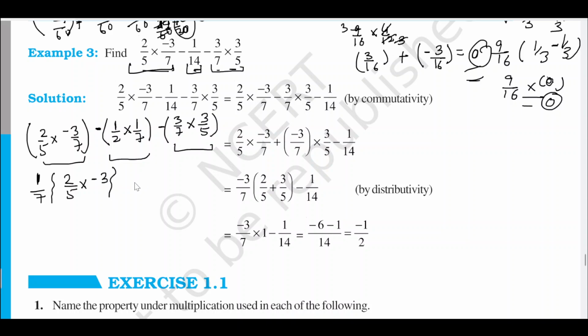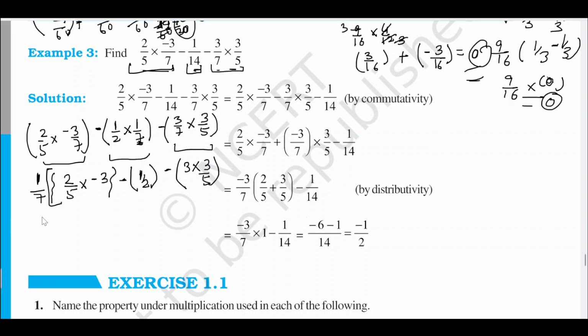So we can write it as 2 by 5 into minus 3 minus bracket 1 by 2. 1 by 7 we have taken out. Okay, then minus, inside the bracket, 1 by 7 we will take it out. So 3 into 3 by 5.